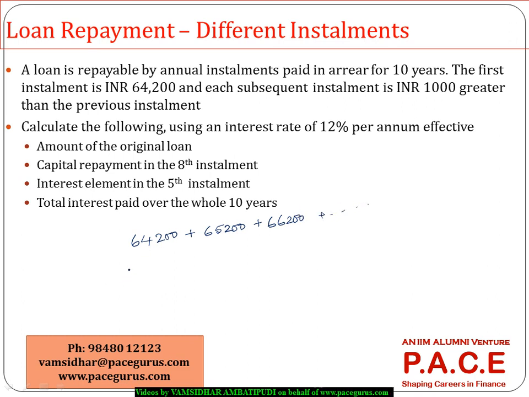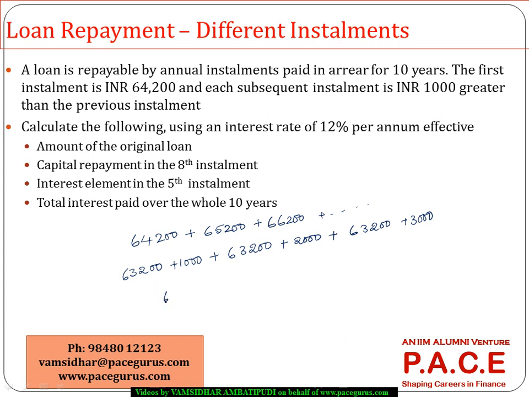Now all I will do is make it 63,200 plus 1000, similarly 63,200 plus 2000, plus 63,200 plus 3000.